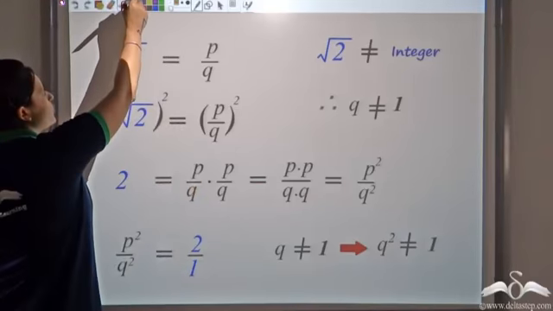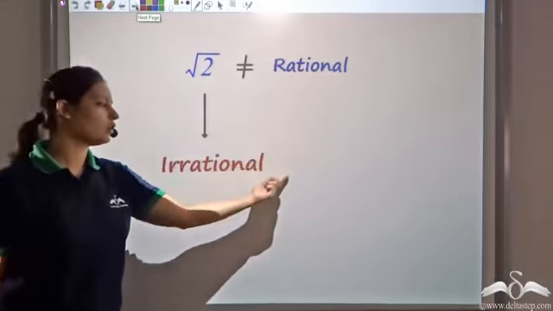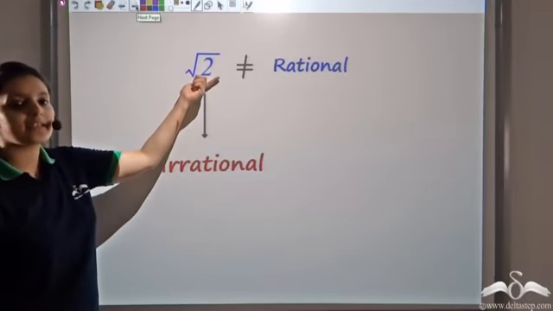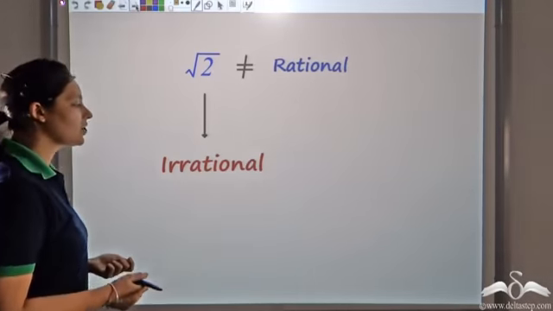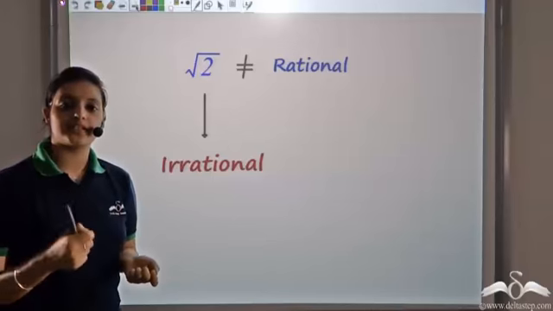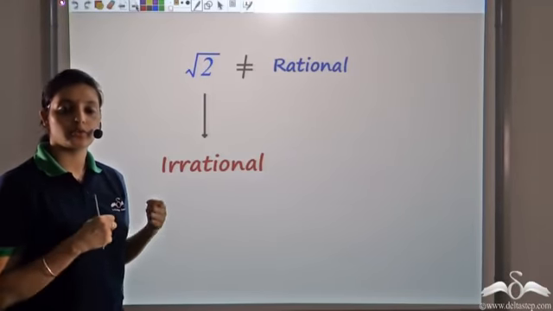So we know that under root 2 is not a rational number, and a number that was not rational was called an irrational number. This is how we can say that under root 2 is an irrational number. Now, when they tried to convert an irrational number into decimals, what they saw was that the digits do not terminate.